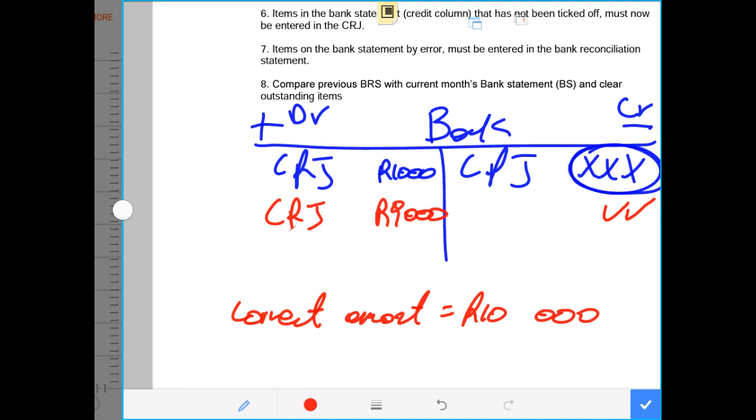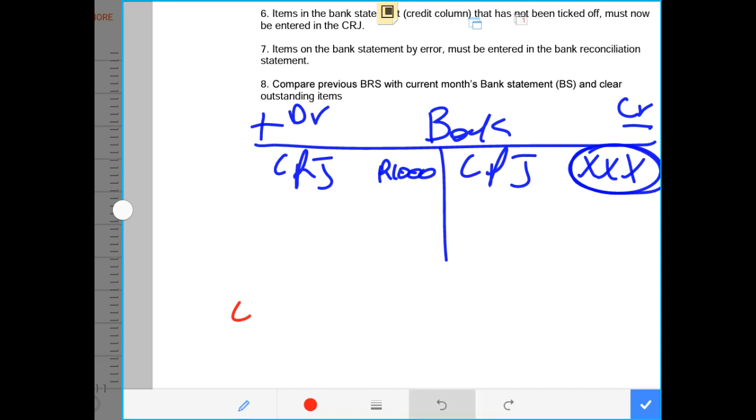The same principle applies to the cash payment journal. Meaning if the cash payment journal is overstated, it will be corrected in the cash receipt journal. And if the cash payment journal, which is the credit side, is underestimated, it will be corrected in the cash payment journal. Those are some of the principles that you might need to take into consideration.